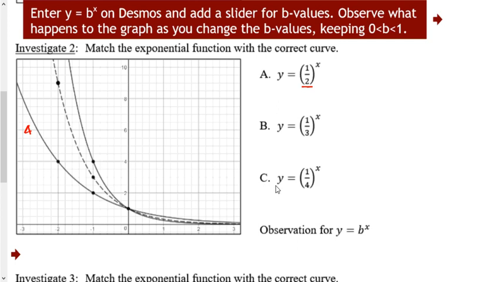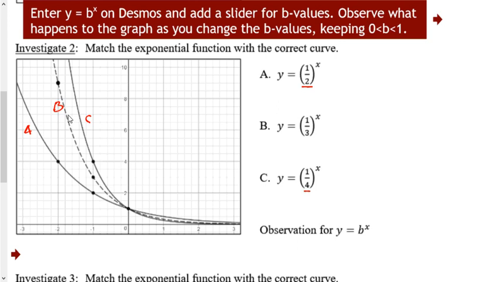As the denominator gets bigger, as the whole value gets smaller, I should say, what we get is a graph that decays or decreases more quickly, because of this small value in the base. So again, the fraction of 1/4 is smaller than a half. I may have misspoke earlier. And then again, this 1/3 is in between the 1/4 and the 1/2, so that graph is going to be the middle one here.